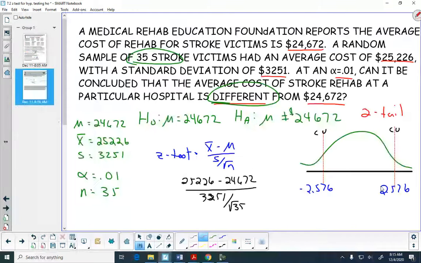And now it becomes a clickety-clack exercise. Once again, you can quantify the top and the bottom.